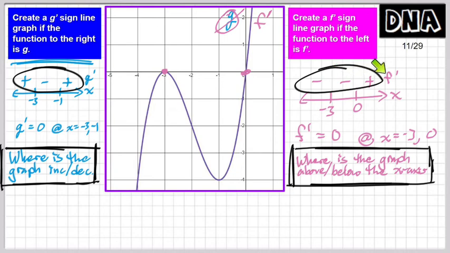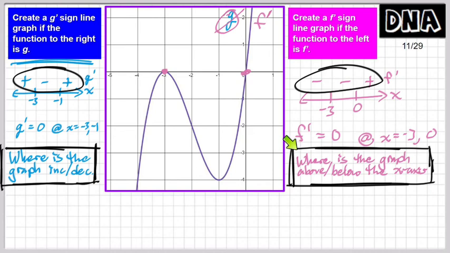Over here, F prime is what we're seeing. This graph is F prime. So that means the y values right here are the slopes of some other function f that we don't even know. We don't even know what f looks like, but we do know the slope numbers, because those numbers on the y-axis represent the slope of f, because this graph is f prime. Which is why when you're trying to make the sign line graph here, you're asking a different question.